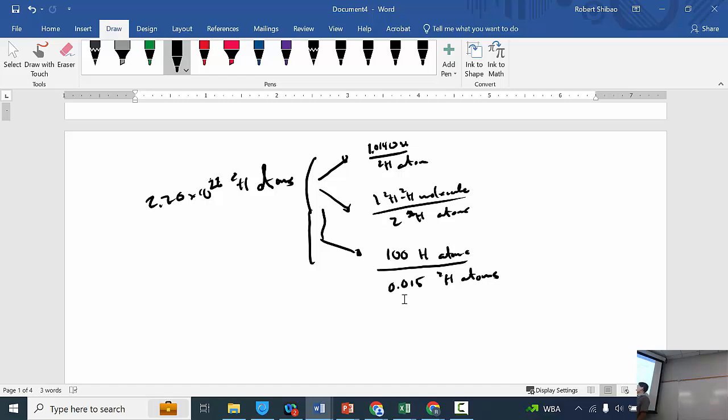This is why I like to move it here, because having a partial atom doesn't make sense to me. When I see this, it looks weird. So what I do is I say 15 out of what? And so move this 3 over. 15 out of 100,000. So there are 15 deuteriums in 100,000 hydrogen.